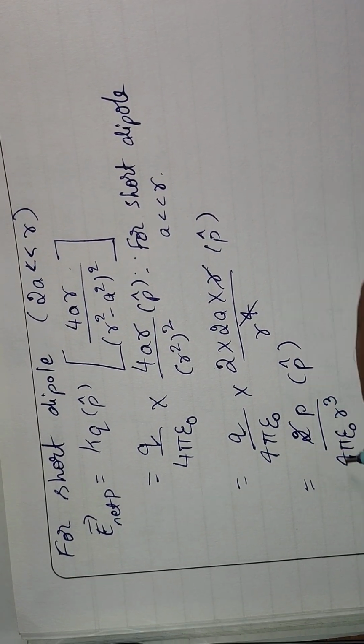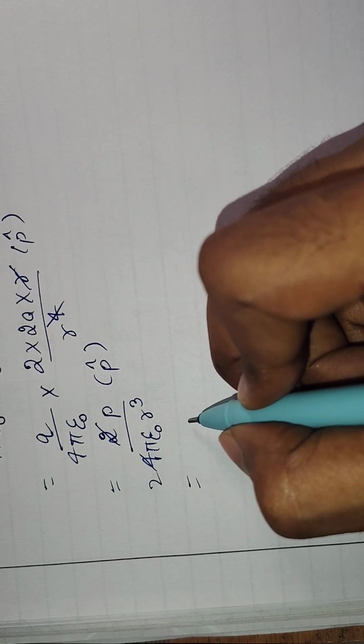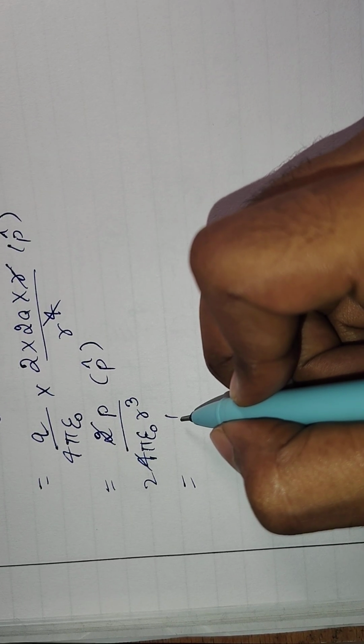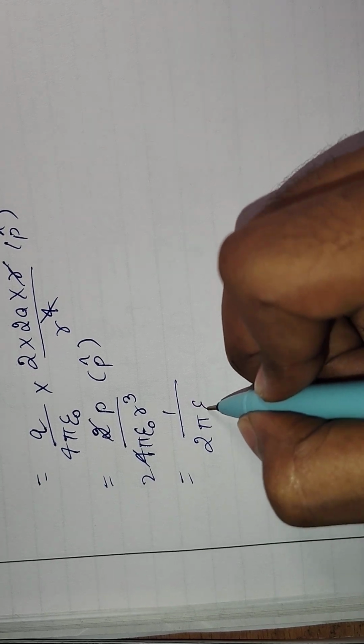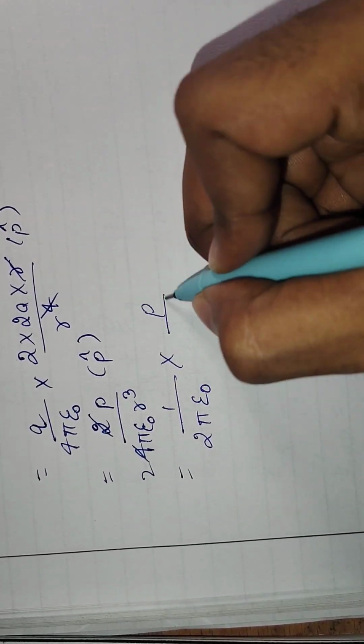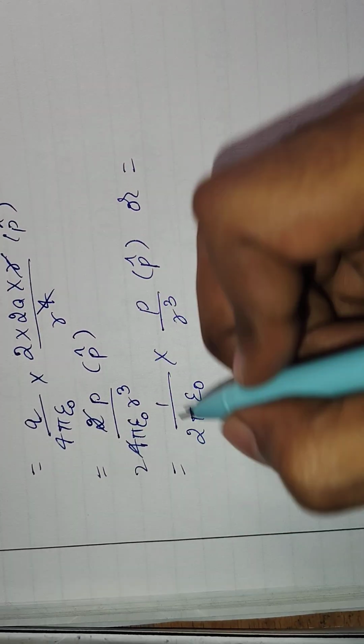Then you can further write it as 1 by 2 pi epsilon naught into p by r cube p cap.